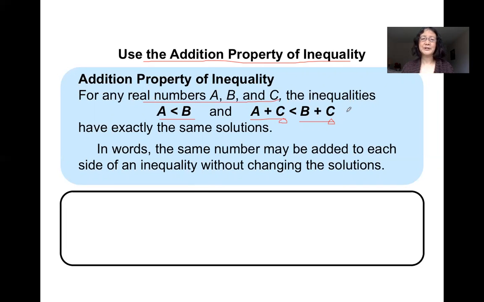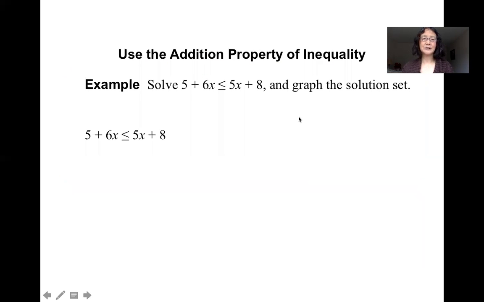If you add something to an inequality, you do not change the sign. The original is smaller than, so you also get smaller than. But this is not the situation where you multiply a number on both sides of the inequality. That is the next slide, which we will get to later on.